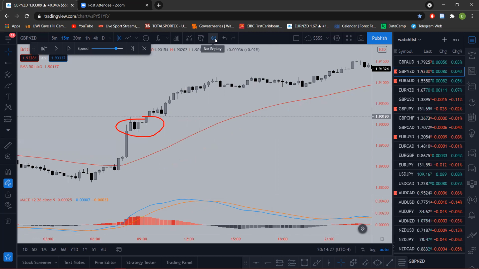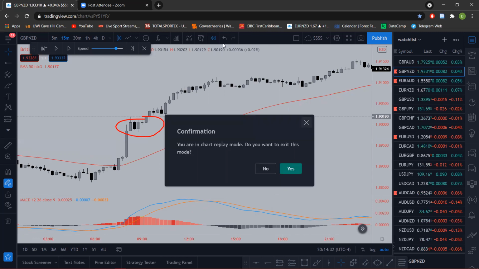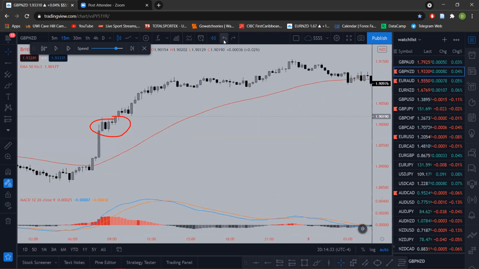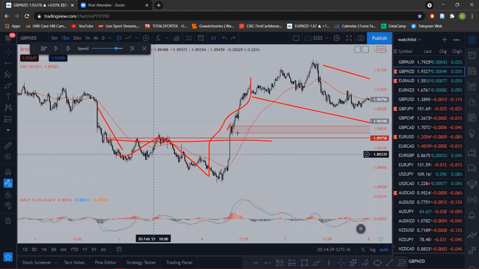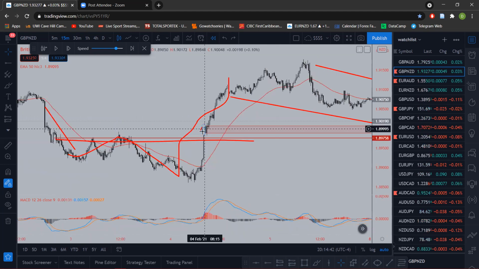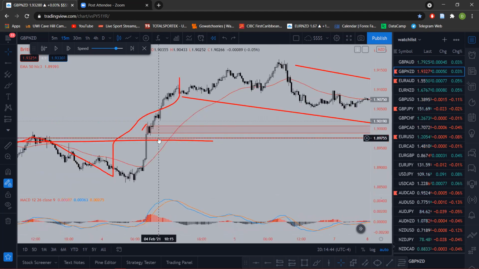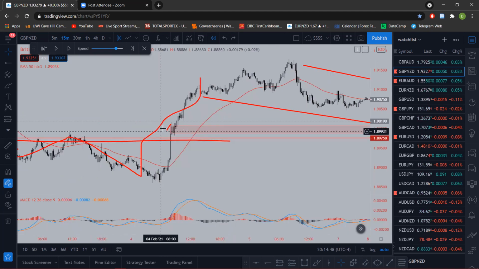So if you're going for a buy, my engulfing zone is usually the first engulfing candle I see after the structure is broken.